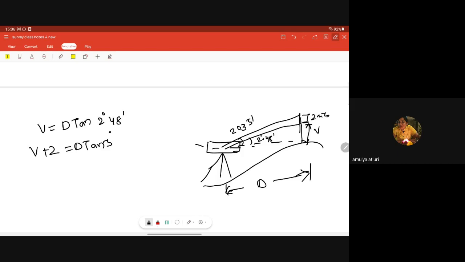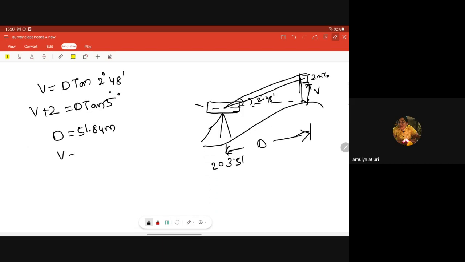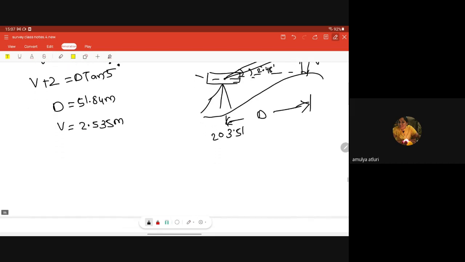So this is the RL. I have written it here, right? So RL is 203.51. Okay. So these are the two, and from these two, by solving we can get D is equal to 51.84 meters. V is equal to 2.535 meters. Got it?